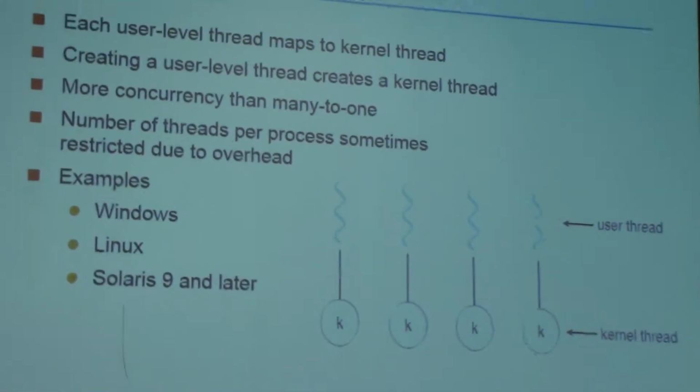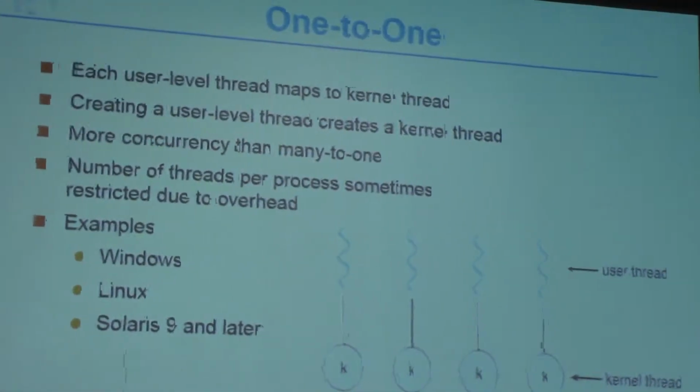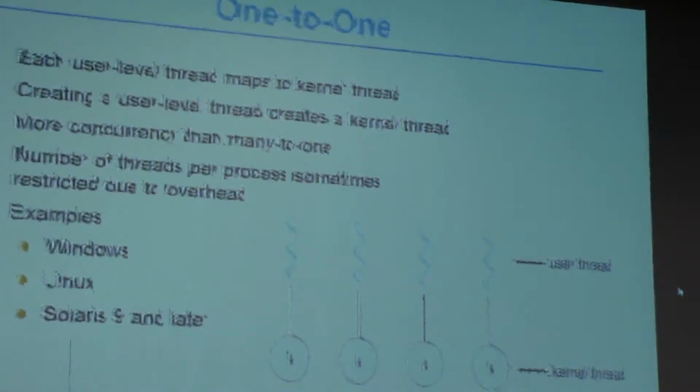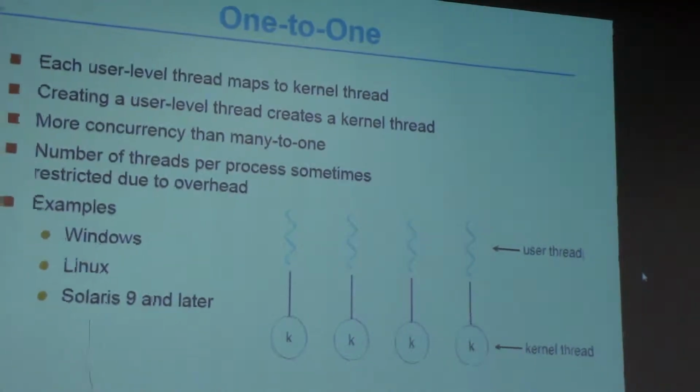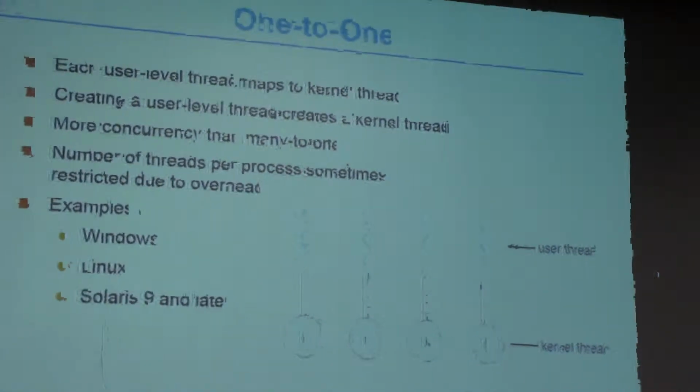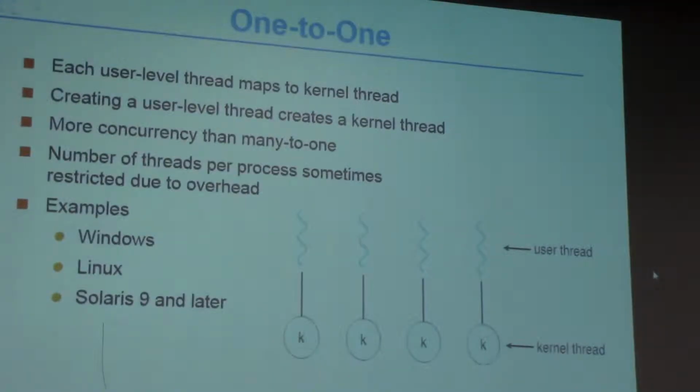One-to-one is a dedicated one, so one user thread gets a dedicated kernel thread whenever it requests. Okay, you don't have to manage such a thing, just allocate, but it needs more resources in the operating system.